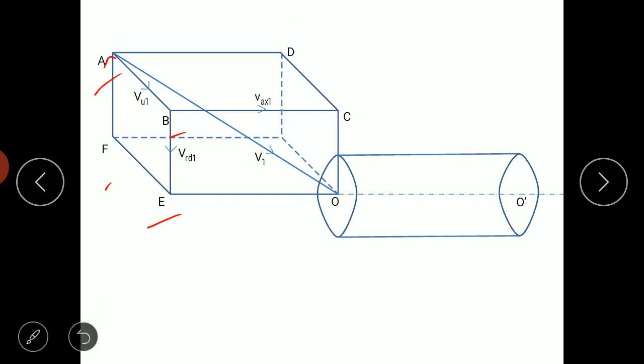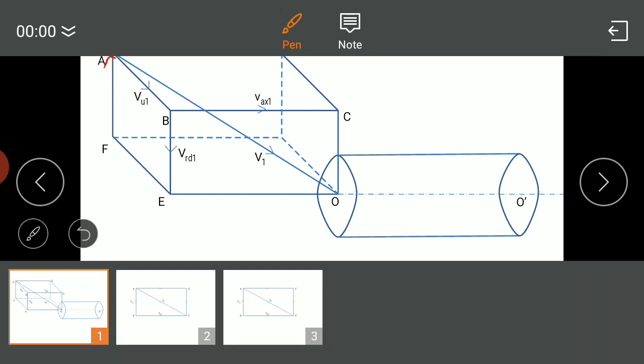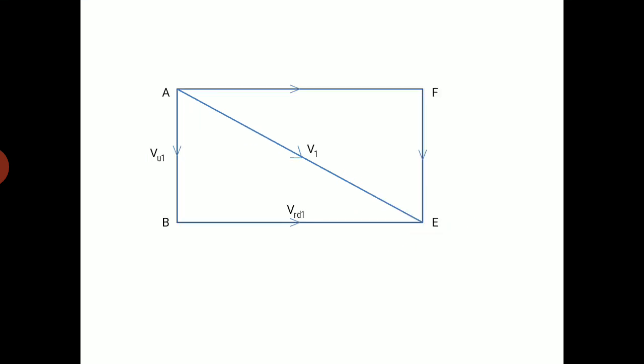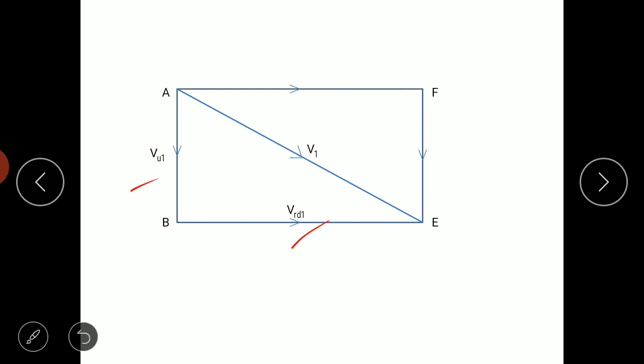In this face we have AB as VU1 and BE as VRD1. So we have taken this only there. We have just drawn it in the front view, I can say, so this will be easy. AB is VU1 and BE is VRD1.